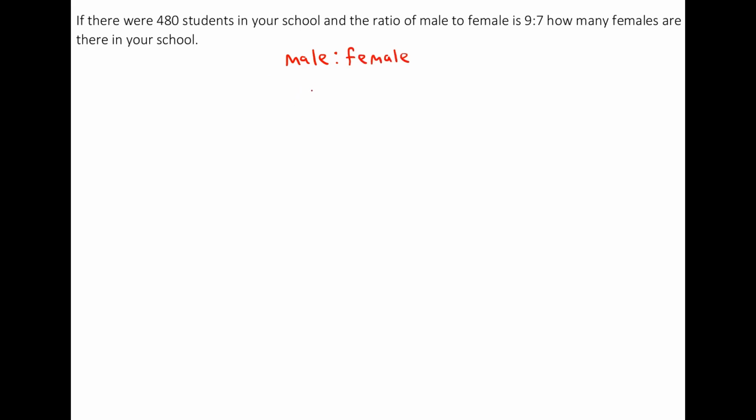Now I know this is 9 to 7, and I know that I can multiply 9 and 7 by the same number to get new unknowns, but these new unknowns add up together to get 480. So in this case, to find it, we do the same thing. I want to find my total here. 9 plus 7 is going to be equal to 16, right?